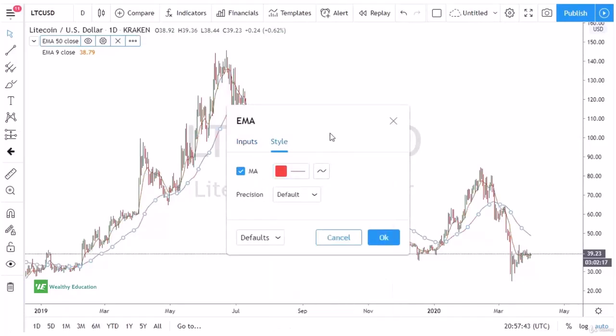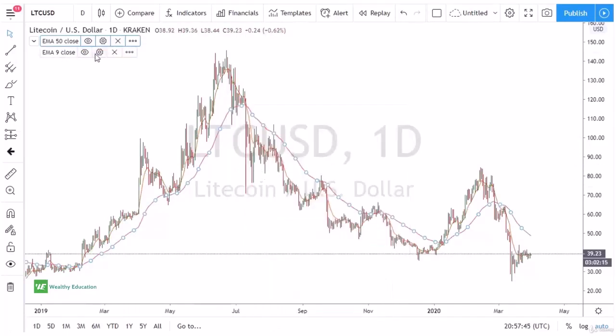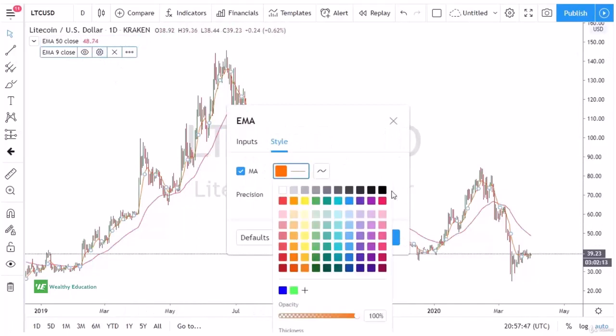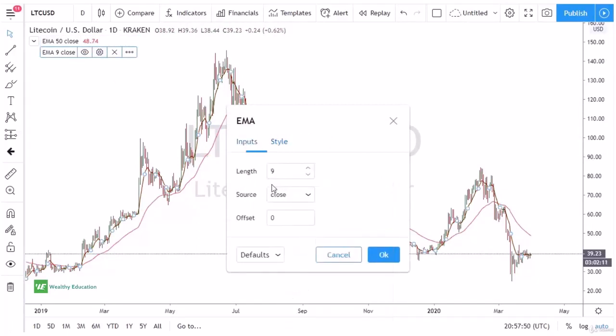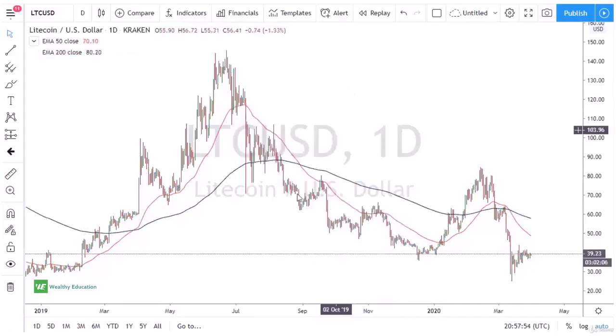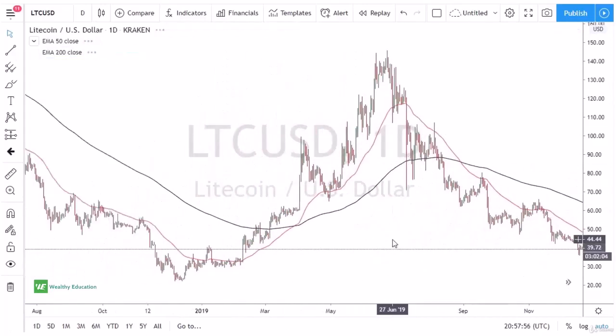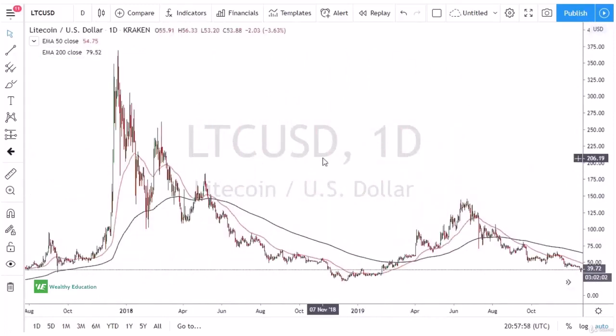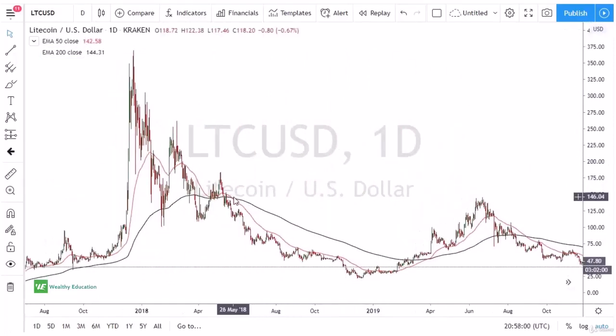We'll make that red. Let's go with black on the 200 on the daily. And this sets up an obvious up and down trend type of situation. You can see that we got a death cross there. And certainly that was a selling opportunity.